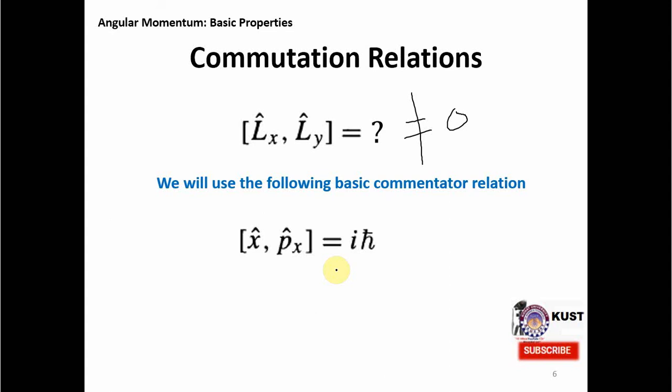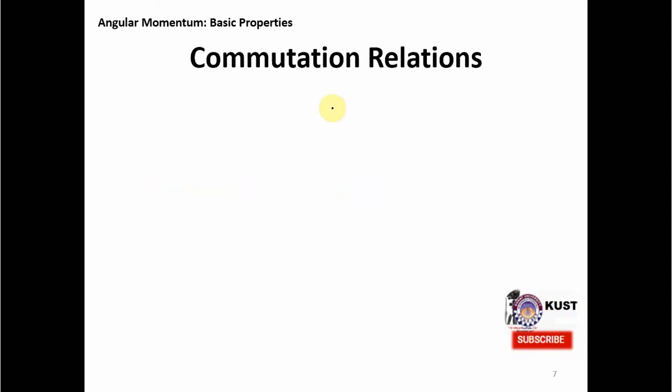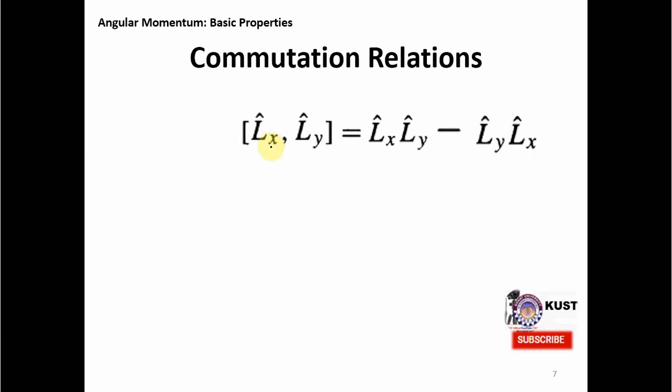Anyway, we will do the first one, this top one, using the definition of the commutator. That is to multiply the operator Lx with Ly from the left first, and then after the minus sign change the order and do this multiplication. So this is the definition of a commutator.